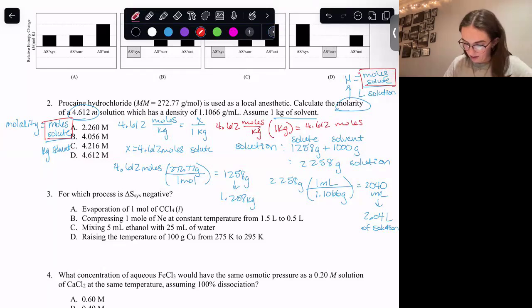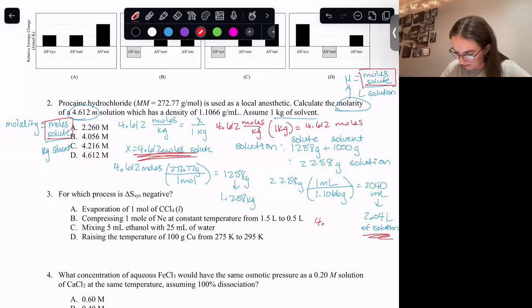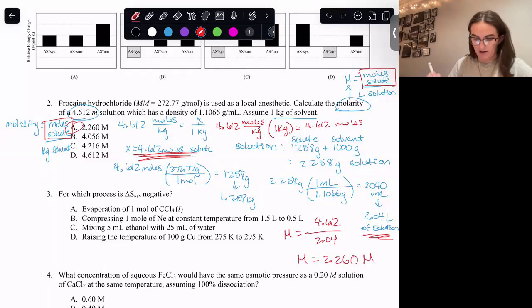So then we can take the 4.612 moles and the 2.04 liters of solution, and we get 4.612 divided by 2.04, and that's equal to the molarity, and that should get us 2.260 molar, which would be A.